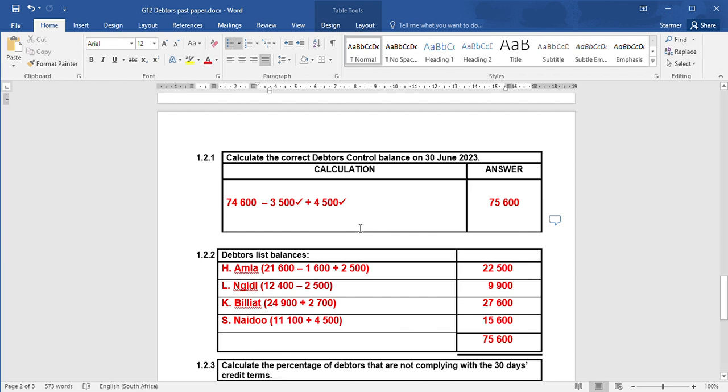So strictly speaking, you are supposed to show plus 2,500 minus 2,500. That way the examiner can see you know what to do and not that you just left it out because you didn't know what to do. However, this is taken from a matric paper, so obviously they're not expecting you to show that increase and decrease. So it's up to you. I would put them in, but according to this, you don't actually have to.